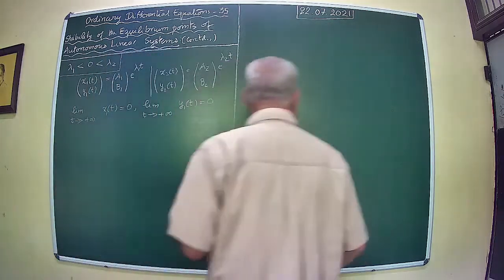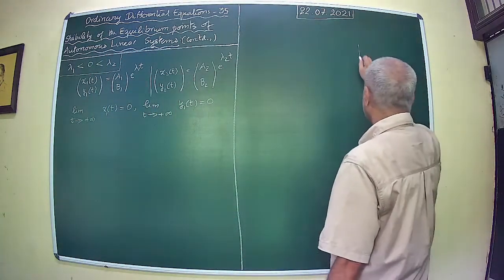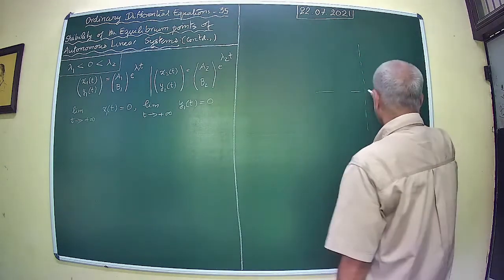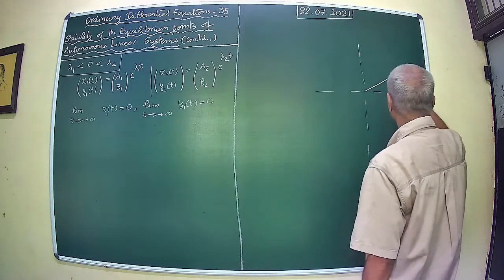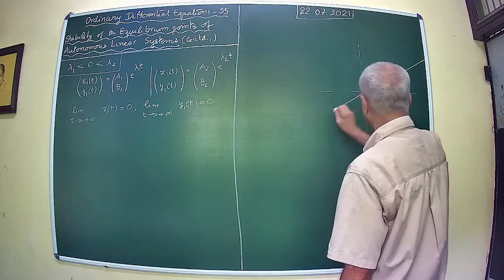Okay, let us draw a diagram. So let this be the coordinate axis. This be the direction of a1, b1.